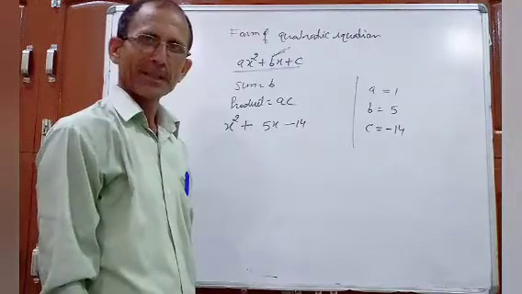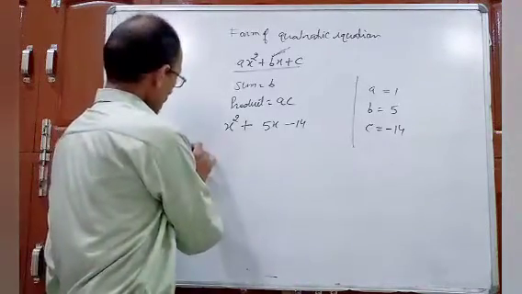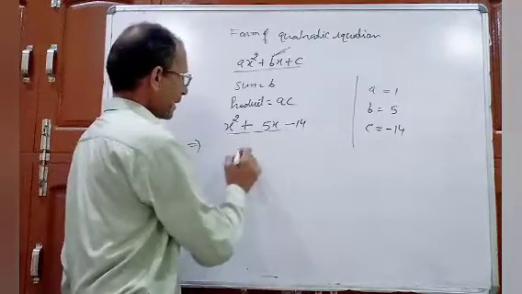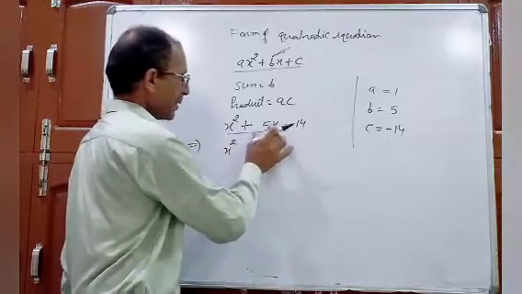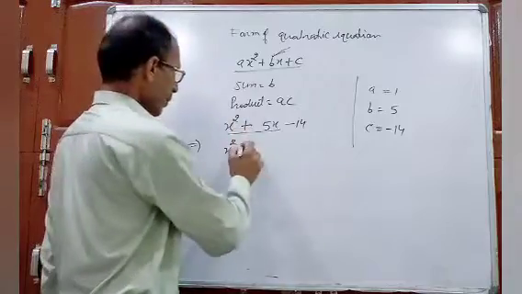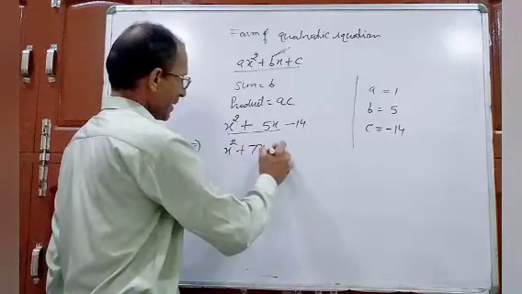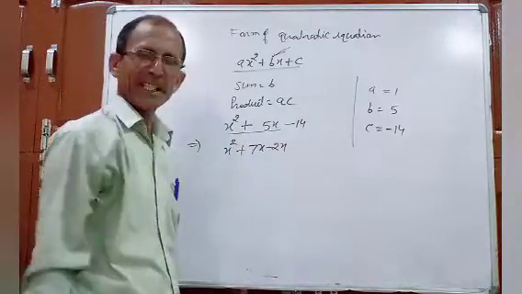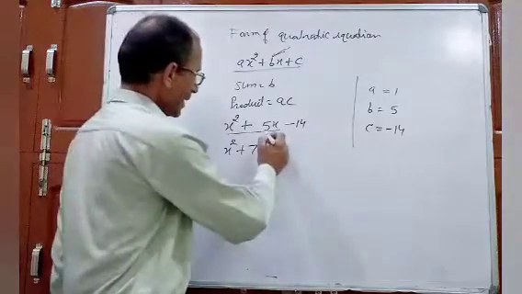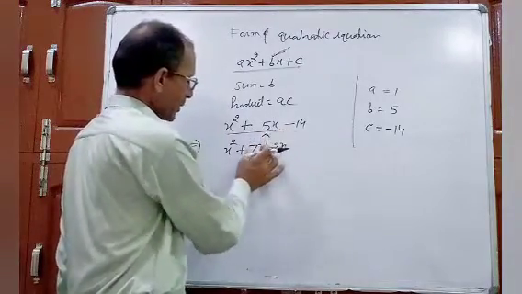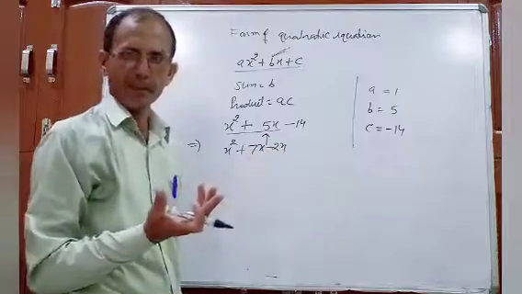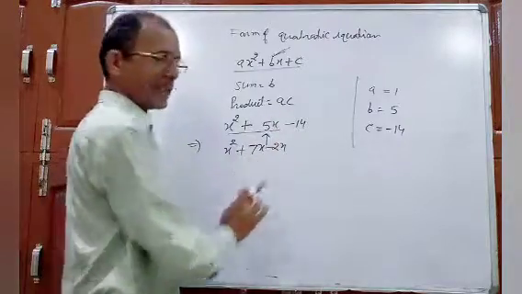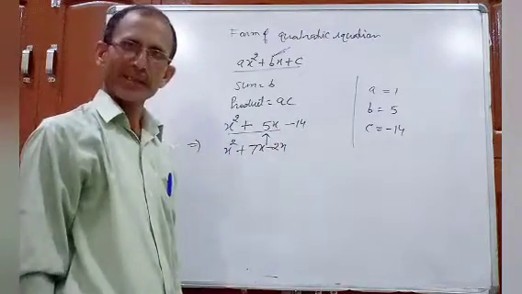Have you understood? So, how do we split the middle term? X square. The sum should be plus 5. So if I write 7x minus 2x, is it wrong or right? Right, because if I solve 7x minus 2x, the result will be 5x. So 5x can be written as 7x minus 2x.